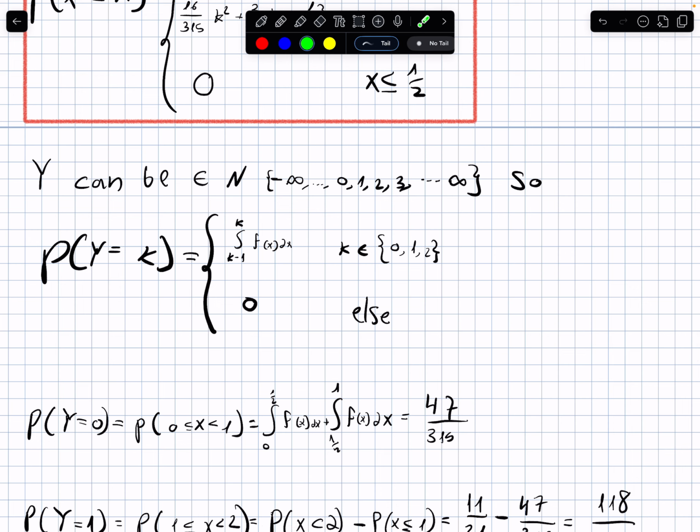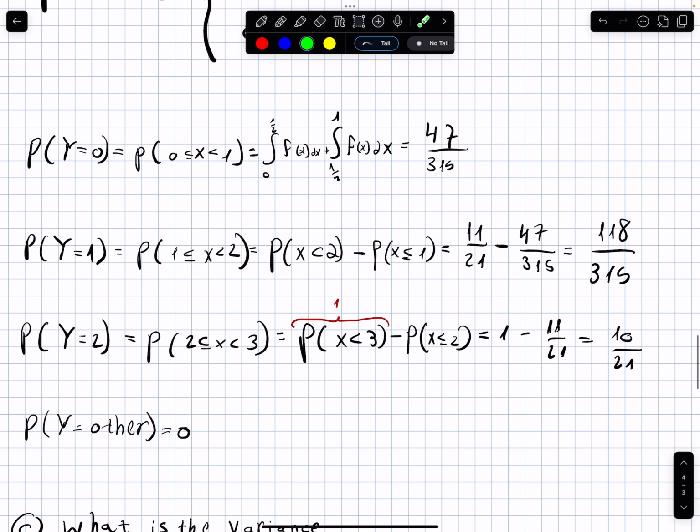When we assume k is a natural number, so not with any decimal point, we can write it as the integral between k minus 1 and k of f of x dx. And this is exactly what I did.